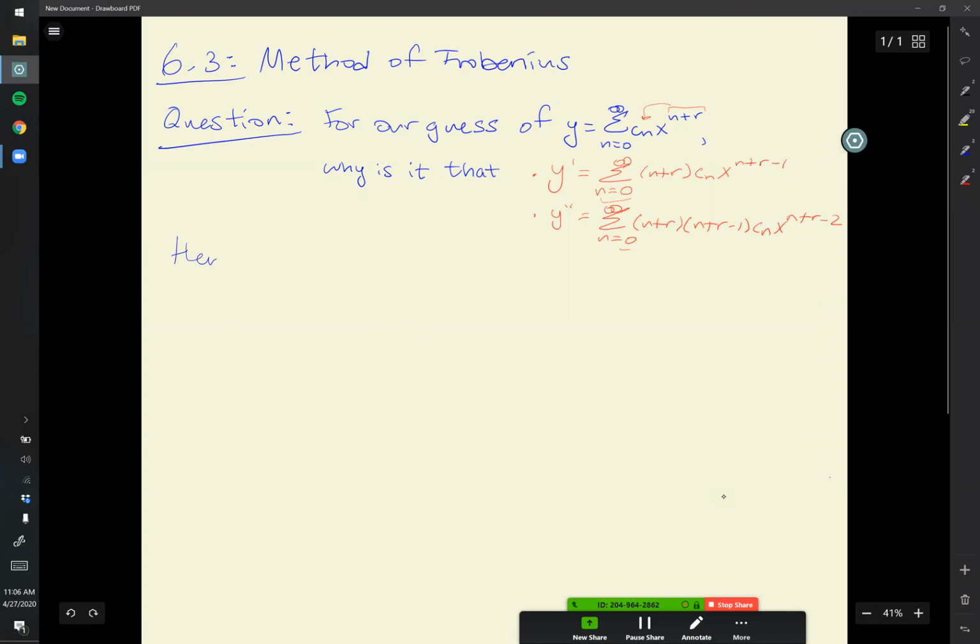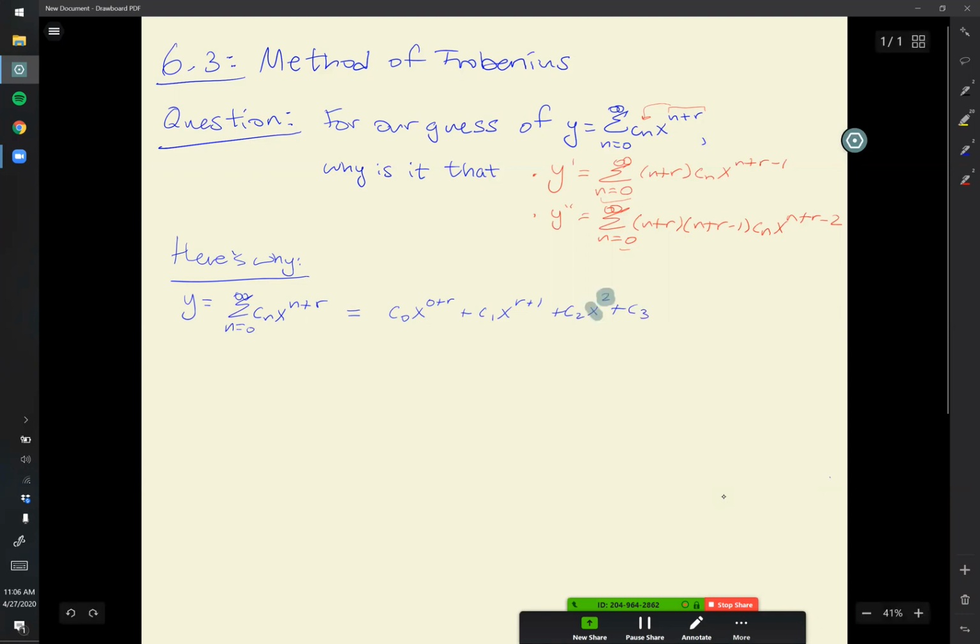So here's why. Start with your guess of y equal to, starting at 0, Cn x to the n plus r. Let me write out what that looks like. That looks like C naught x to the 0 plus r, plus C1 x to the r plus 1, plus C2 x squared, plus r.